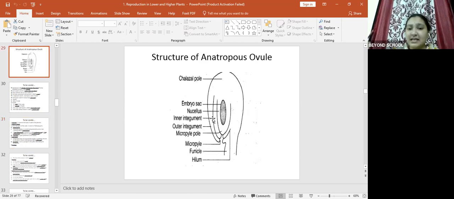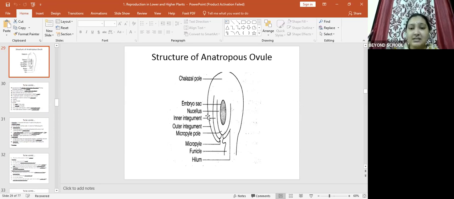If you will see this diagram, dear, this internal part, which seems to be like an oval part, we call it the embryo sac, right? This embryo sac has an outer covering and an inner covering. This whole outer covering, we call it the outer integument.